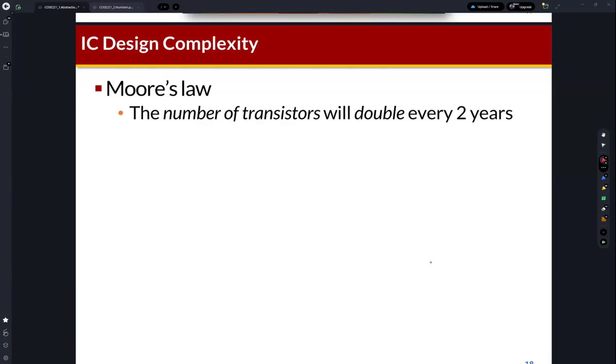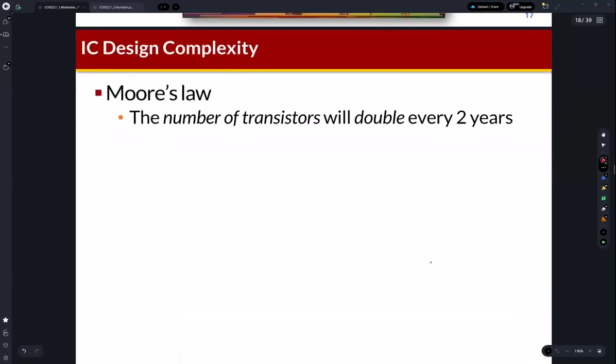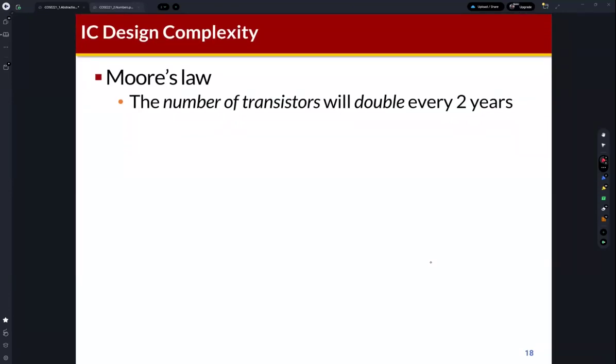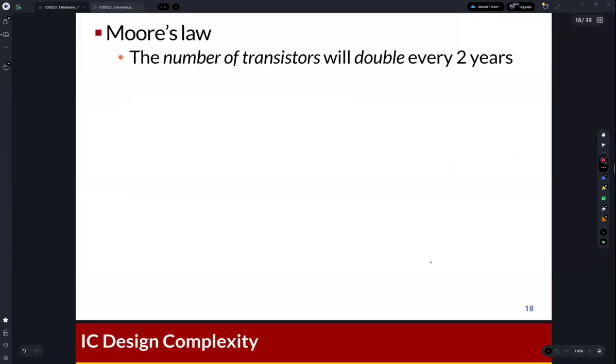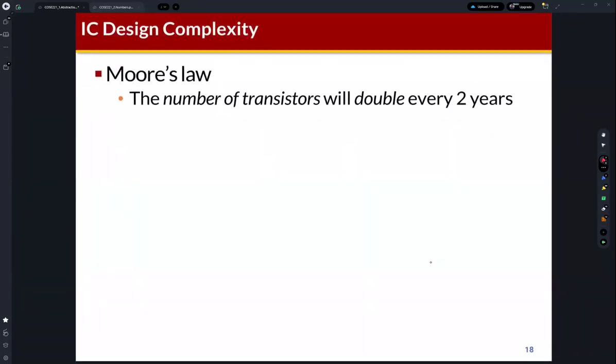How can we learn it during 4 years of university time? I will explain this time. I will also show some other trends of IC design, the transistor, and the semiconductor industry.